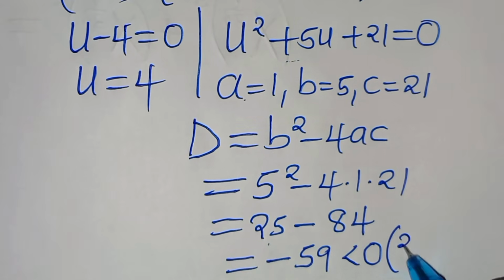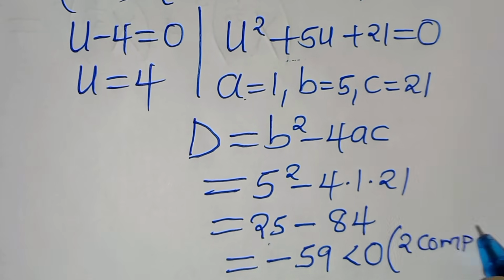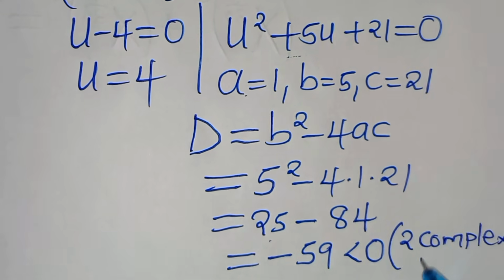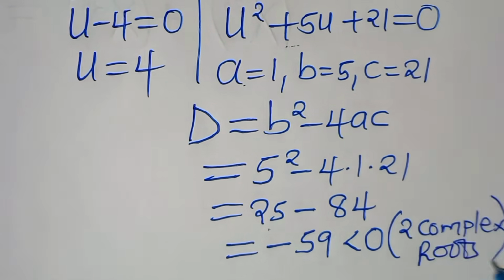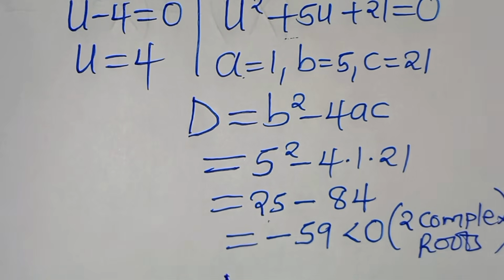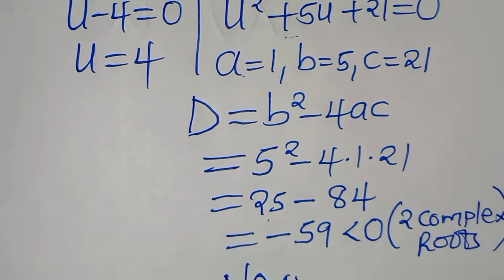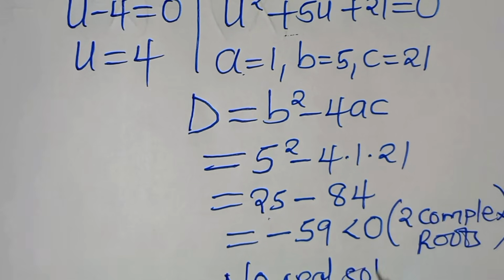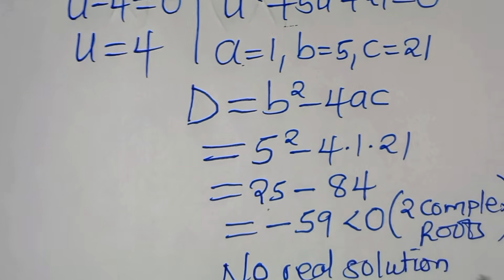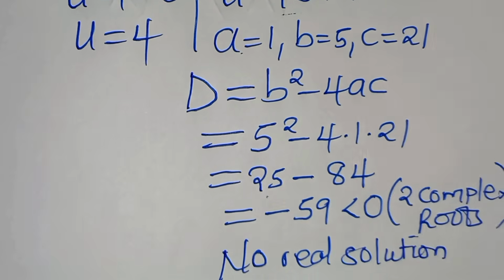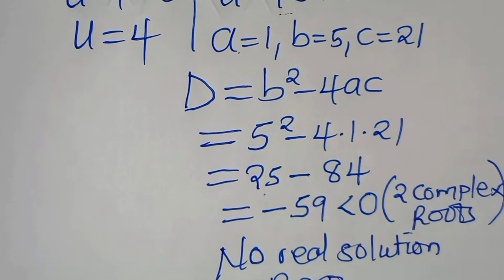So what this means is that we have two complex roots, and this indicates that from this quadratic equation, there is no real solution that can be obtained. So this quadratic equation is rejected.